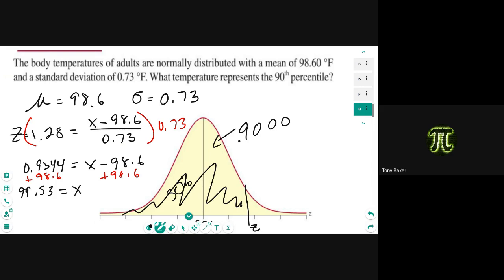And the 0.9344, that was the 1.28 times 0.73. And then 98.6 is from the other one. Yep. And then I added the 98.6 to get rid of that on that side.